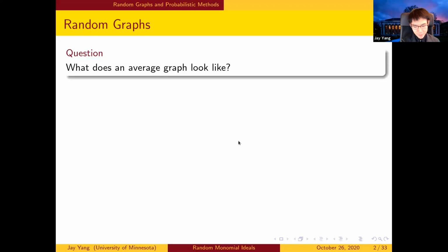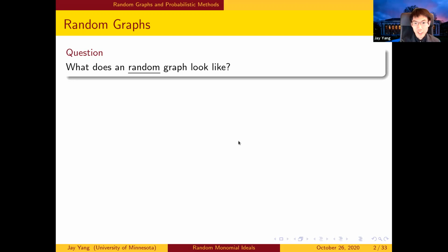But of course, you need some definition of an average graph. So it's slightly more reasonable to ask what a random graph looks like. Of course, this by itself is still not a well-defined question because I haven't told you what random means. And the answer is that there are many different choices for what random means.